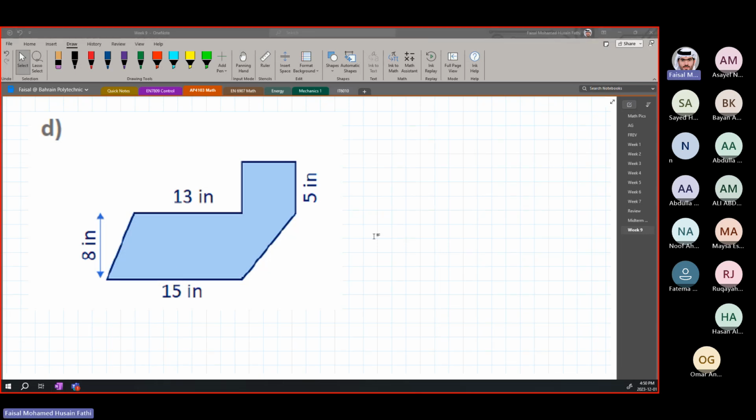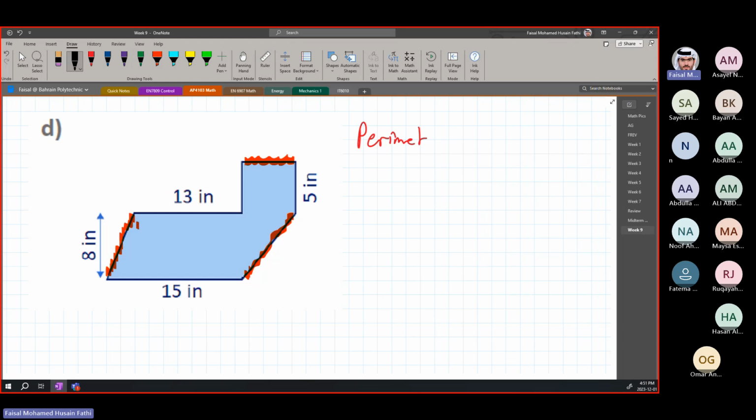Now, let's move on to part D. Let's look at the perimeter first. The perimeter here can be a little bit confusing, especially that they are not giving us any dimensions. We can find this dimension, even though it's not given. But the other two dimensions here, this one and this one, you will not be able to find them at your level because you have to use the Pythagoras theorem that you remember from school, but they don't expect that from you in foundation level.